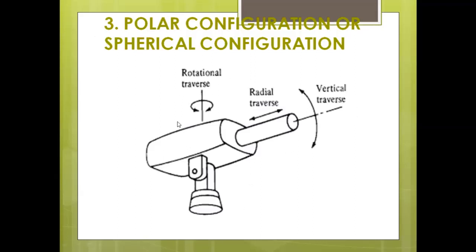By this, we are getting a spherical work envelopment in the industry. That's why it is called a spherical configuration robot.